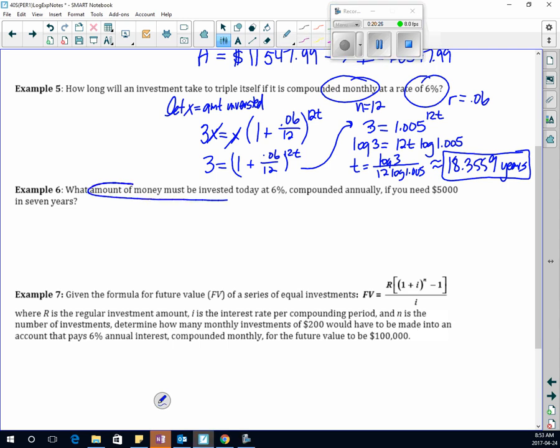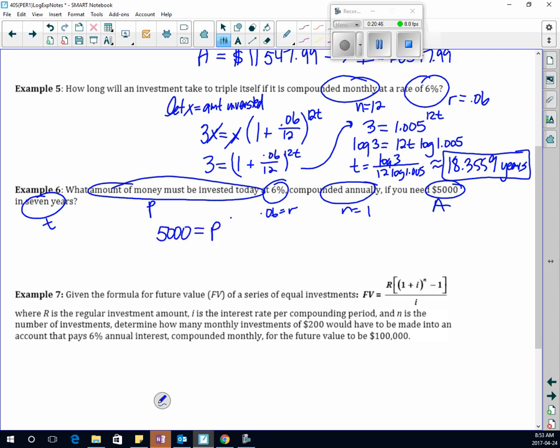So this time they're asking you for P, right? They're giving you A, compounded annually, N is 1. 6% is 0.06 per R, and 7 years is your T. You don't really need to divide by 1, but I was just showing that that's what it is.